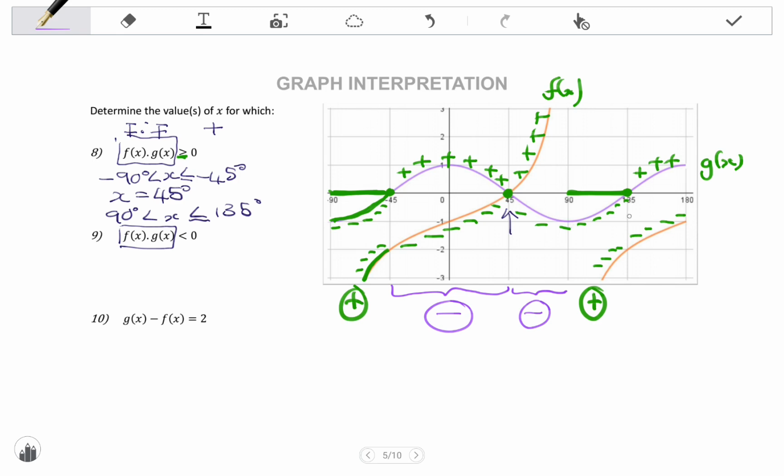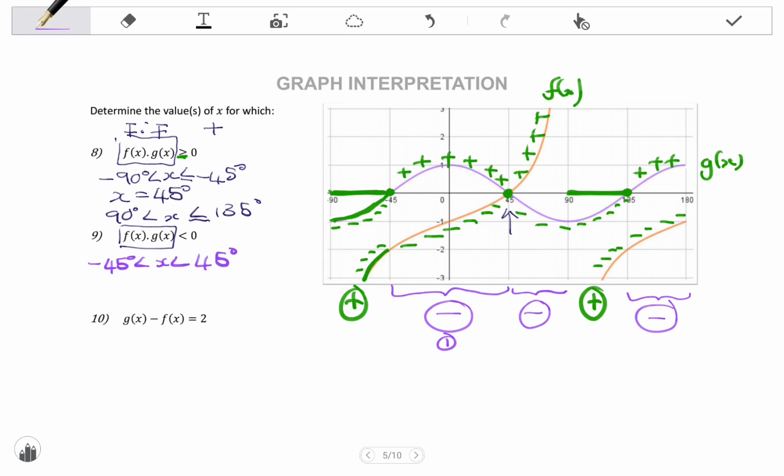After 45, again, up until 90 degrees, my product again was negative. After 90 to 135, the product was positive, but after 135, I again have positive times a negative, which gives me a negative product. So I have 1, 2, 3 parts of the graph, which means I need 3 inequalities. The first part runs from negative 45 degrees to 45 degrees.